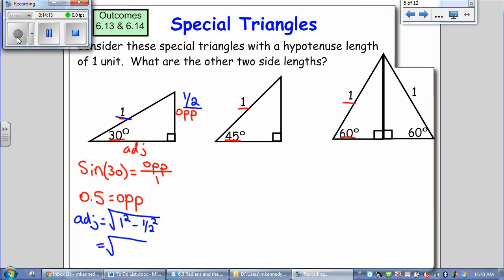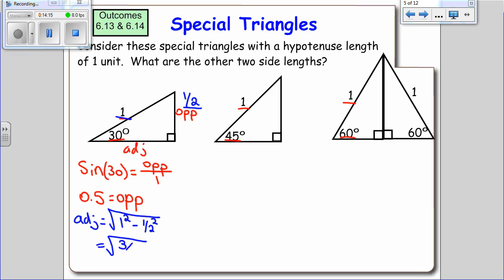And if you remember your Unit 1 lesson, we don't write fractions under root signs, so this would actually be the square root of 3 over the square root of 4, which is just 2. So we're going to call this side root 3 over 2. That means in our special triangle where the angle is 30 degrees, we're going to have an opposite of 1/2 and an adjacent of root 3 over 2.